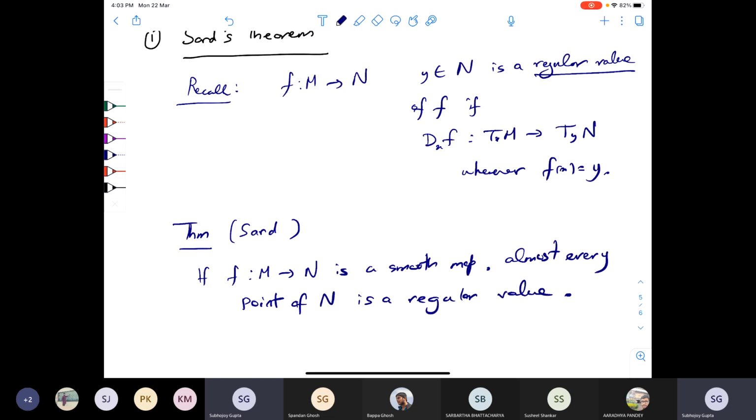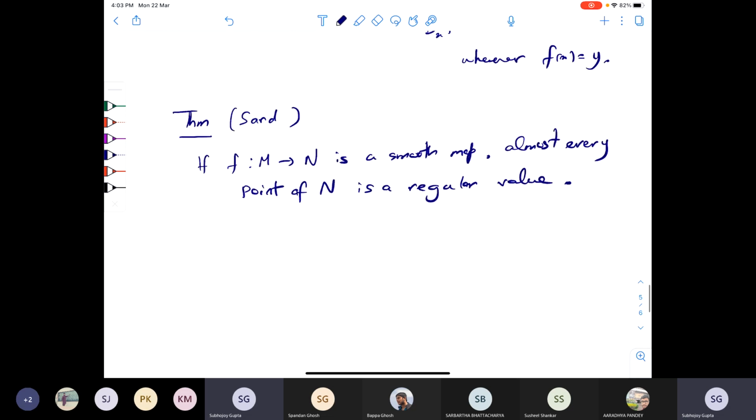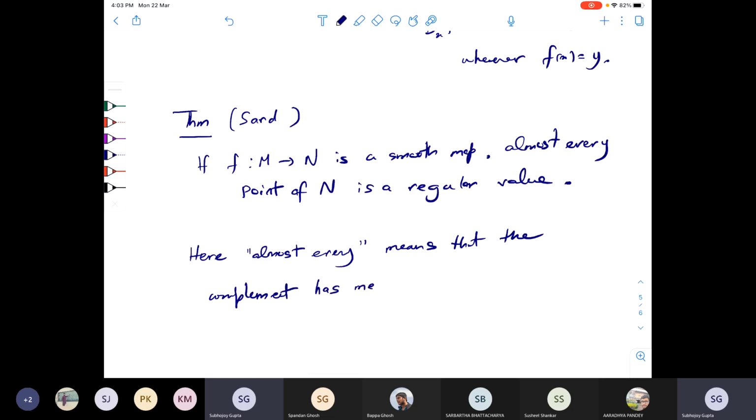All right. And what does almost every mean? So here, I have to describe what almost every means. Okay, so almost every means that the complement of the set of regular values has measure 0.